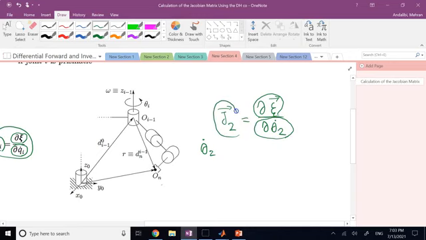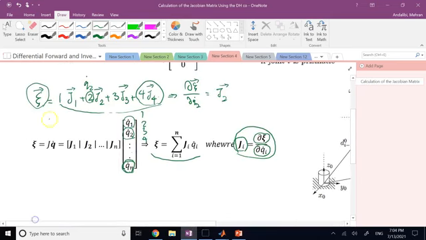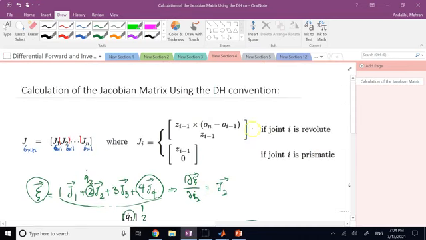That's the meaning of each column in the J matrix, right? So the meaning of it is very clear. Now that we know the meaning of these J's, can I easily calculate them from the DH convention? And the answer is yes.